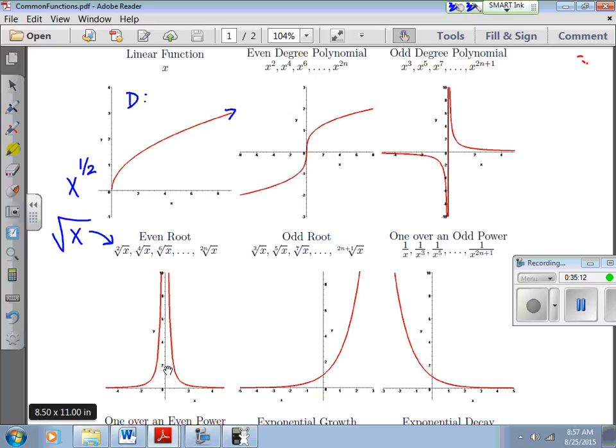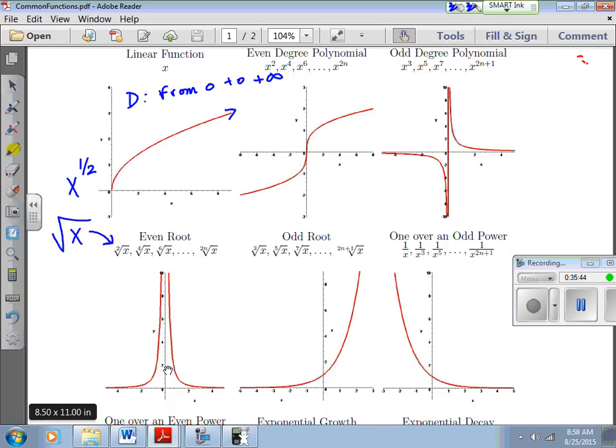So that means the domain starts where? At 0. So from 0 to what? Positive infinity. Does everybody understand that the infinity symbol is just the 8 sideways? And there's infinities that are positive and infinities that are negative.